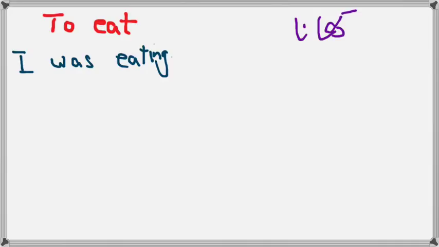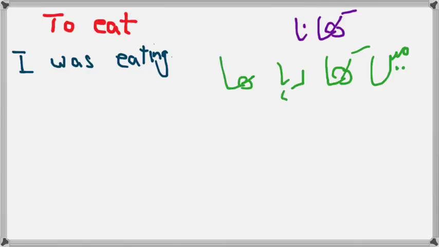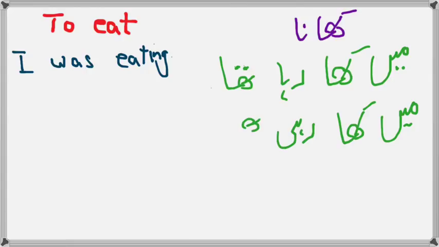For male, we say मैं, which is I, खा रहा था. And for female, we say मैं खा रही थी.